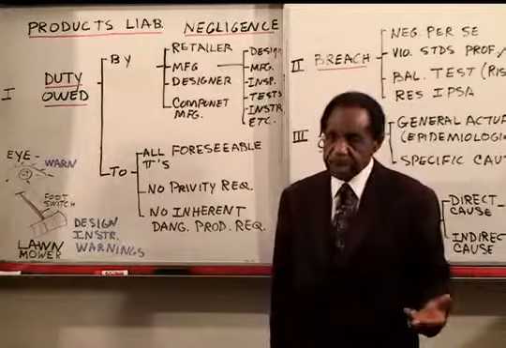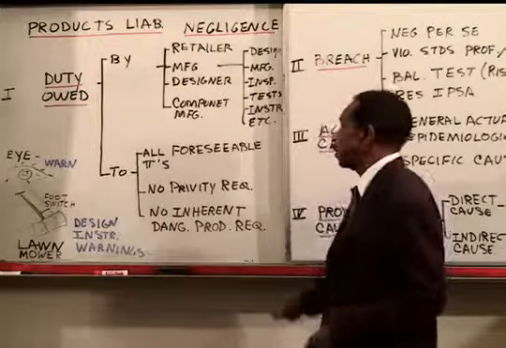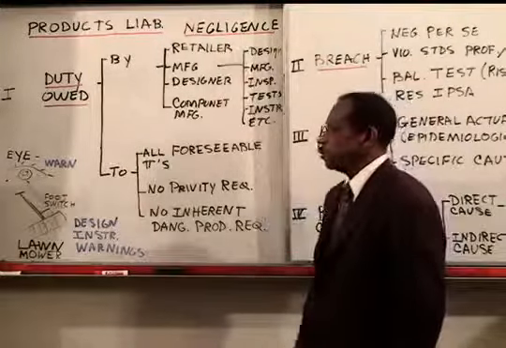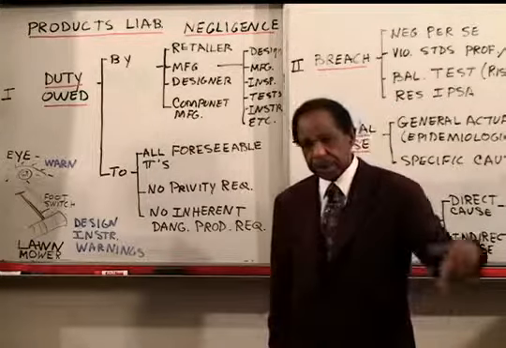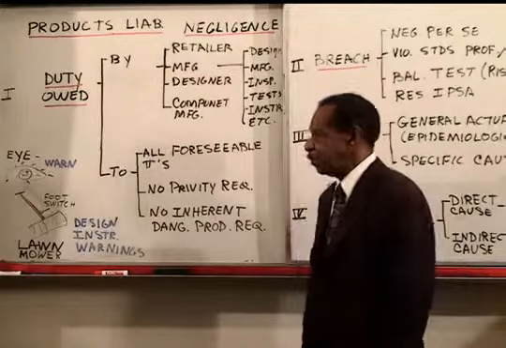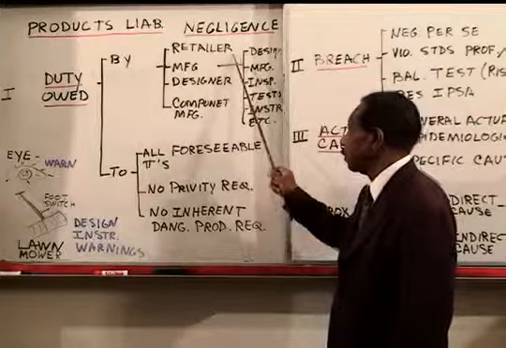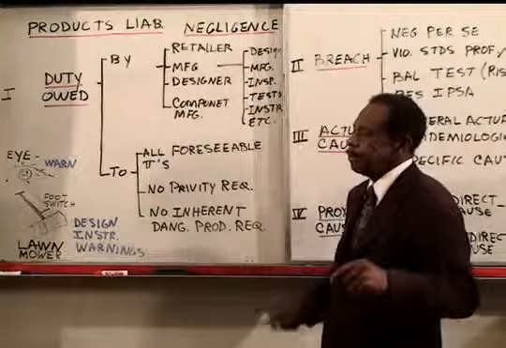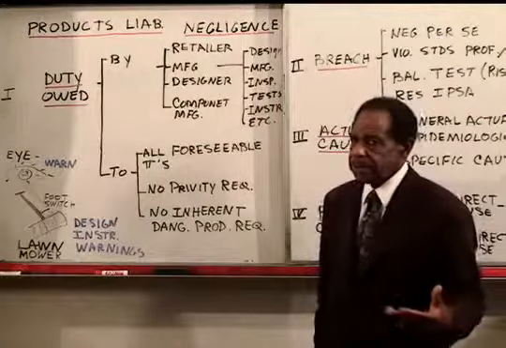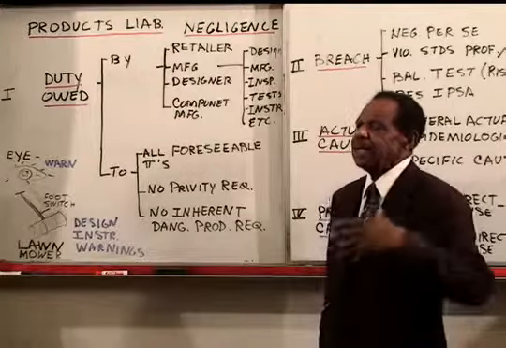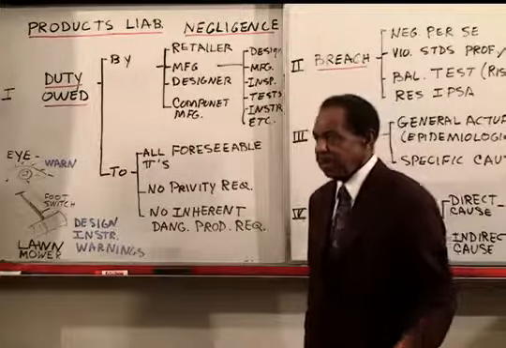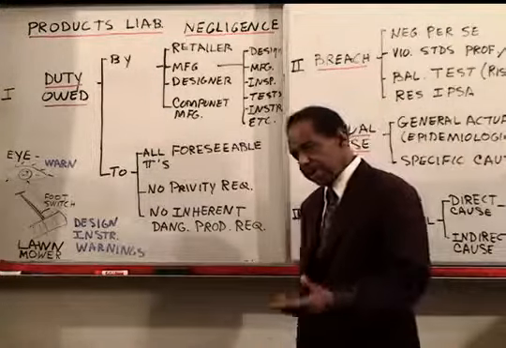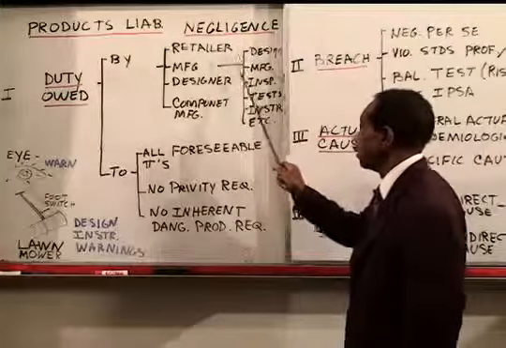In general, no duty to inspect, but a failure by continuing to use shoddy suppliers when you know that that's happening. So the retailer needs a reason to know. In order for the retailer to be negligent, they have to have a reason to know the product may be defective, or they have to inspect and discover that reason.